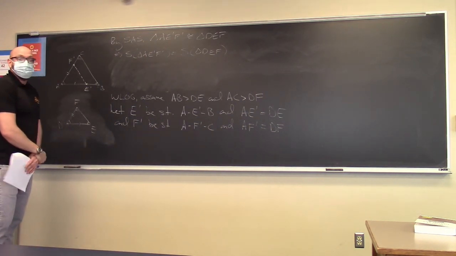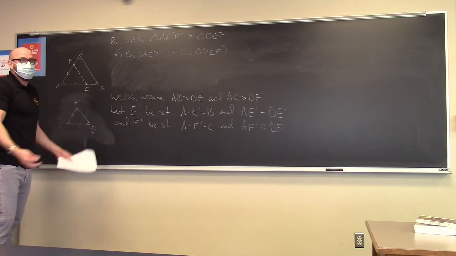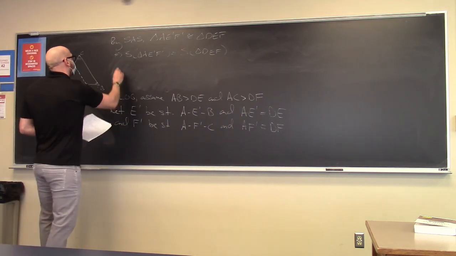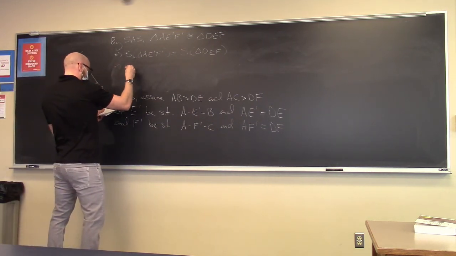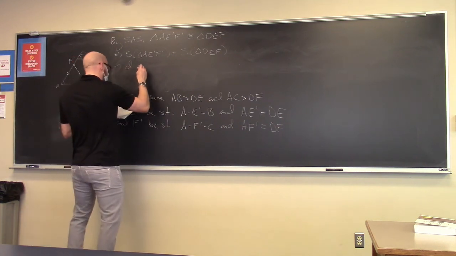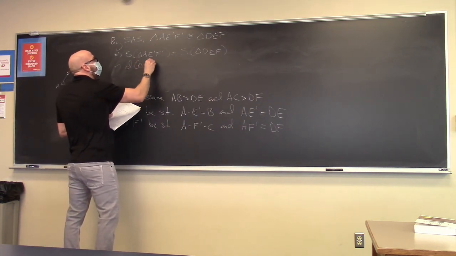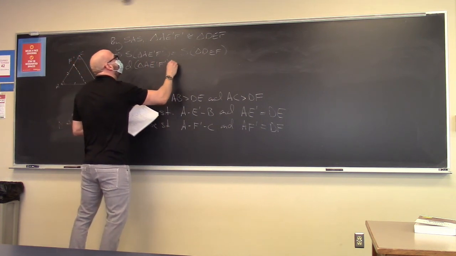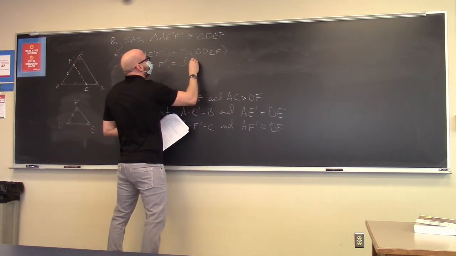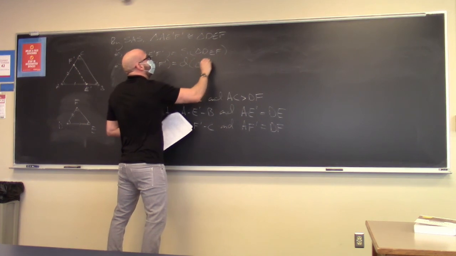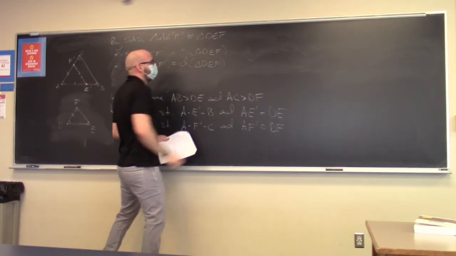And if they have the same angle sum, they must have the same defect, right? Because the defect is just 180 minus the angle sum. So the defect of triangle AE prime F prime is the same as the defect of triangle DEF.